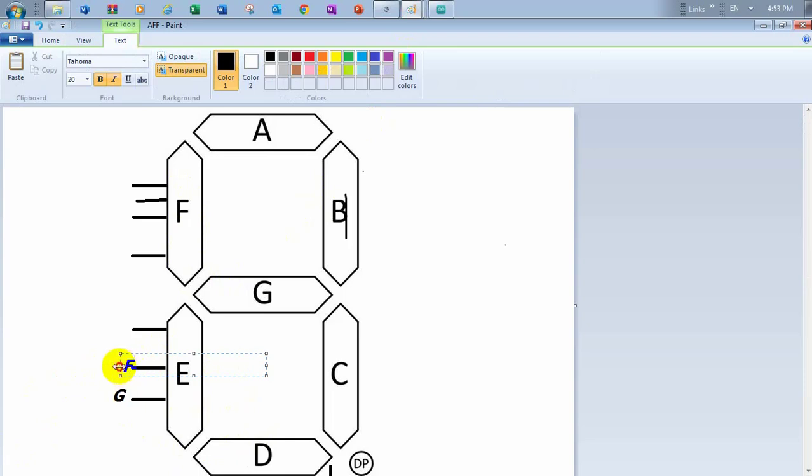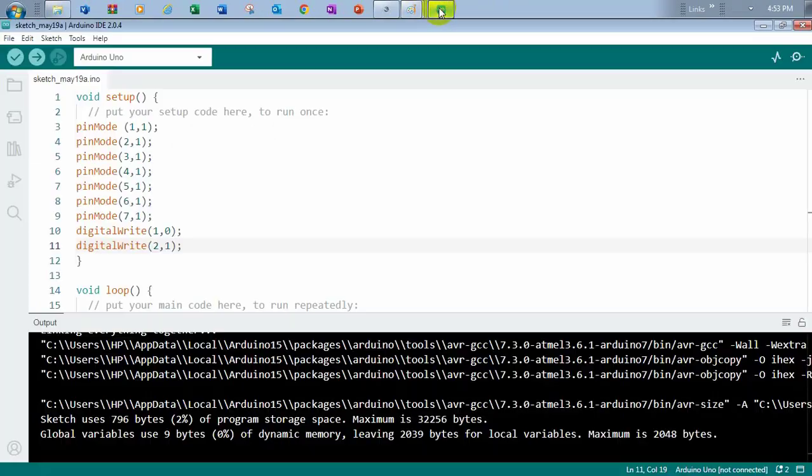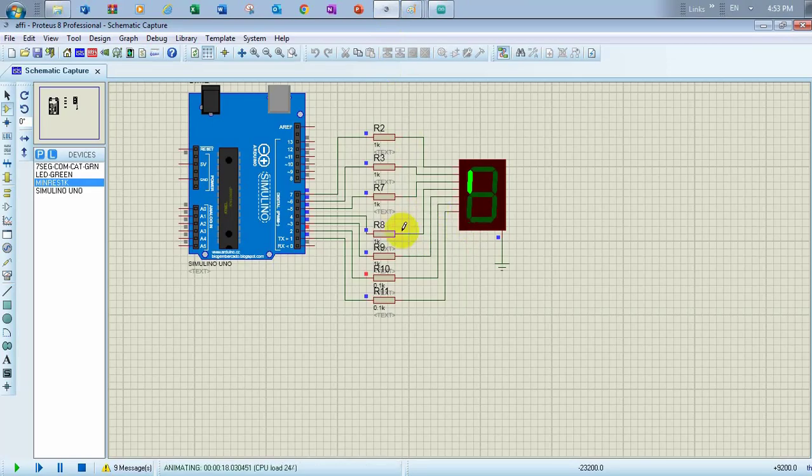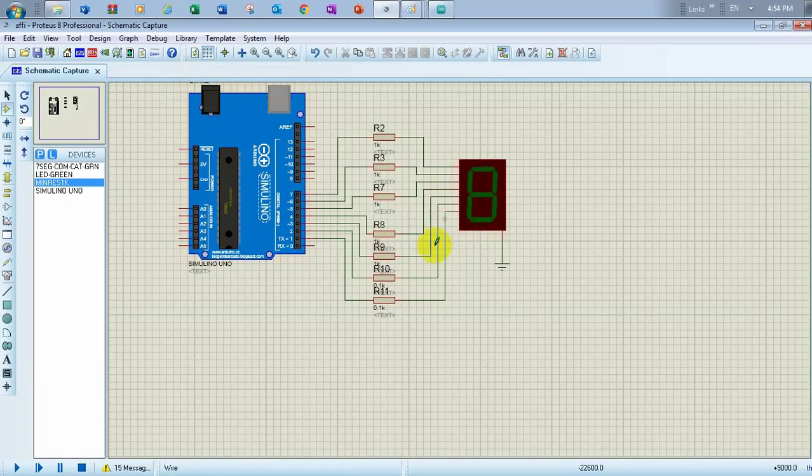So we stop it, and we go to show for this link which segment of them it controls.